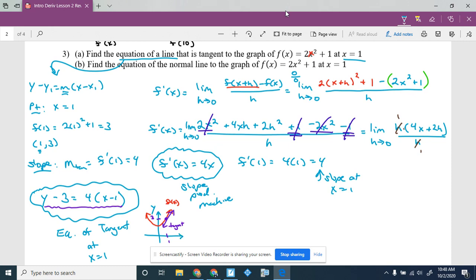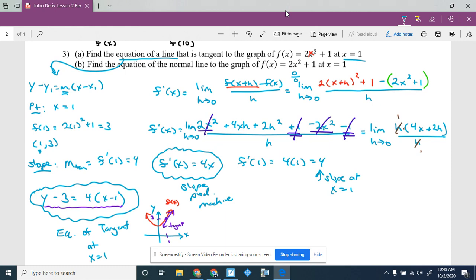All right, so there's one thing I did want to say. We did it by finding the slope producing machine and then chucking 1 in. I like doing that. That's a very efficient way to do it. But if you wanted to, you could have done what we've done in the past: if you just wanted to find the slope of the tangent line specifically at 1, you'd use the same thing, just instead of putting x here, you'd put 1.